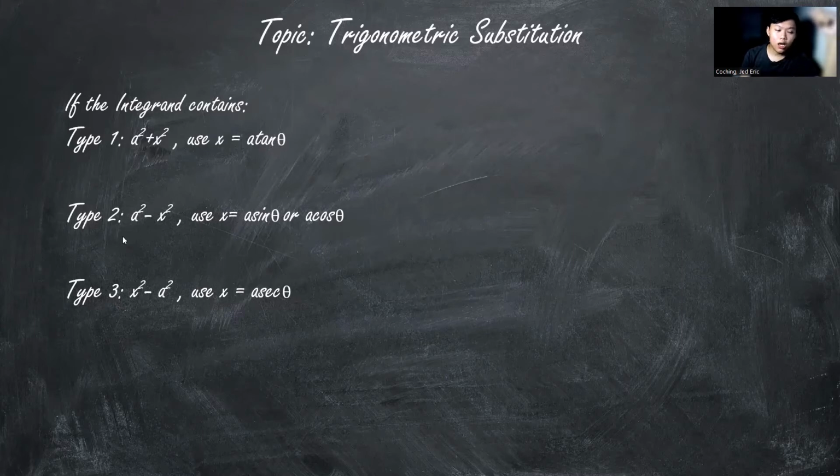And if it's a raised to 2 minus x raised to 2, you can use x equals a sine theta or a cosine theta. And if you see x raised to 2 minus a raised to 2, you can use x equals a secant theta.